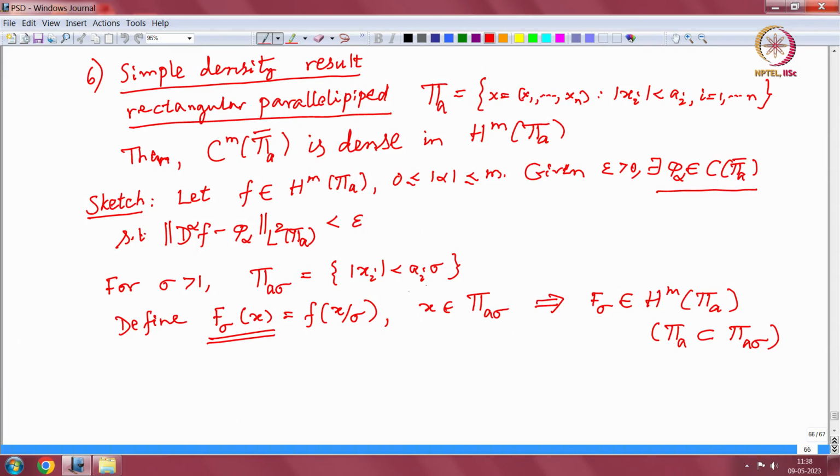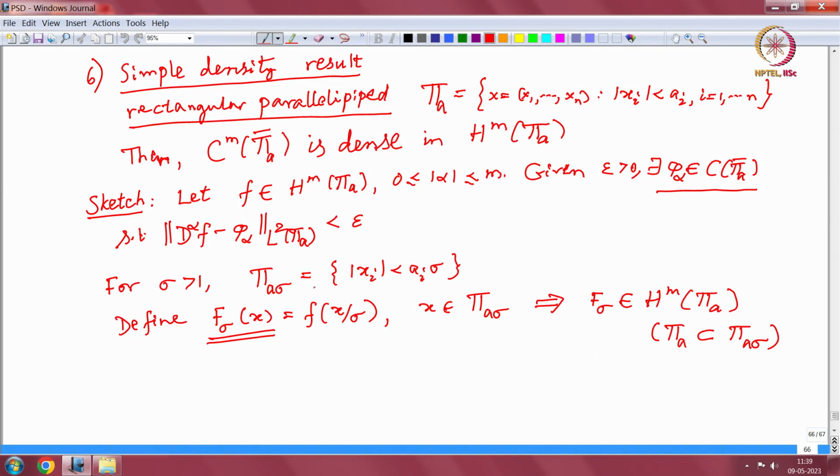For that purpose we are trying to find a function defined in a slightly larger domain, namely Pi sigma a for sigma bigger than 1, and we define f sigma of x equal to f of x by sigma.